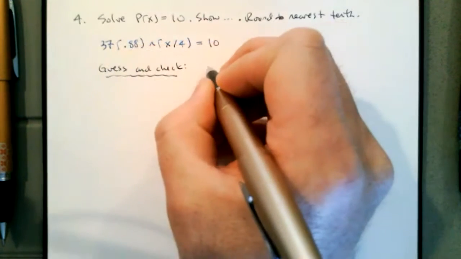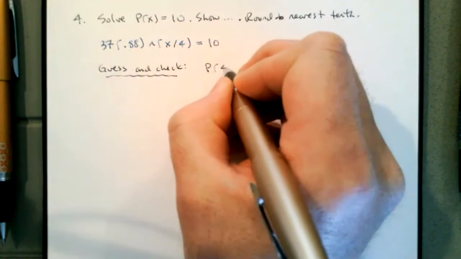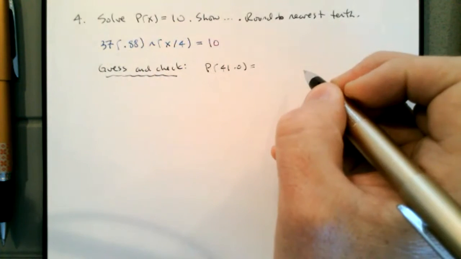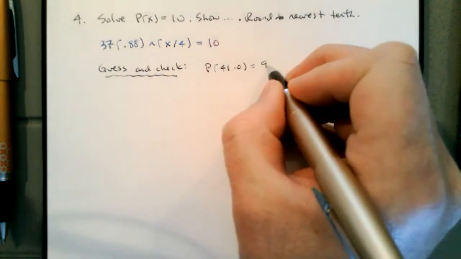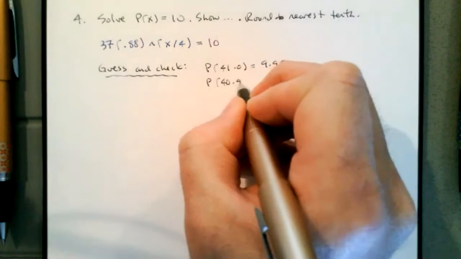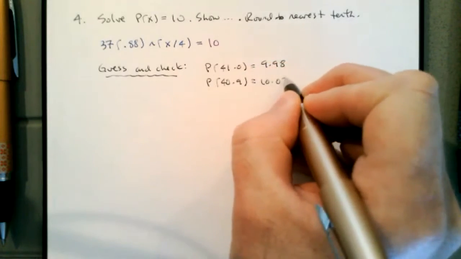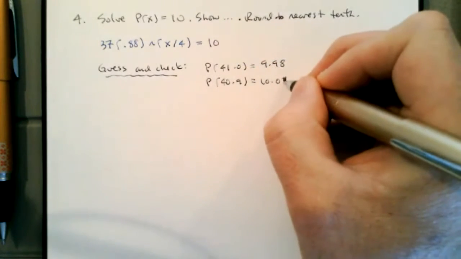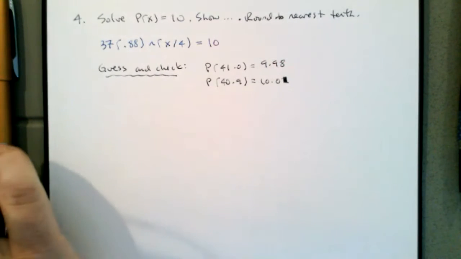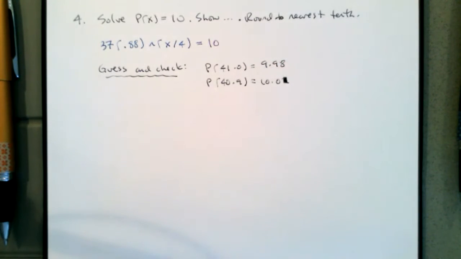So guess and check, we found that P of 41.0 is 9.98, and P of 40.9 is 10.02 or 10.01. So we know X is between 40.9 and 41 and closer to 40.9 because 10.01 is closer to 10 than 9.98.